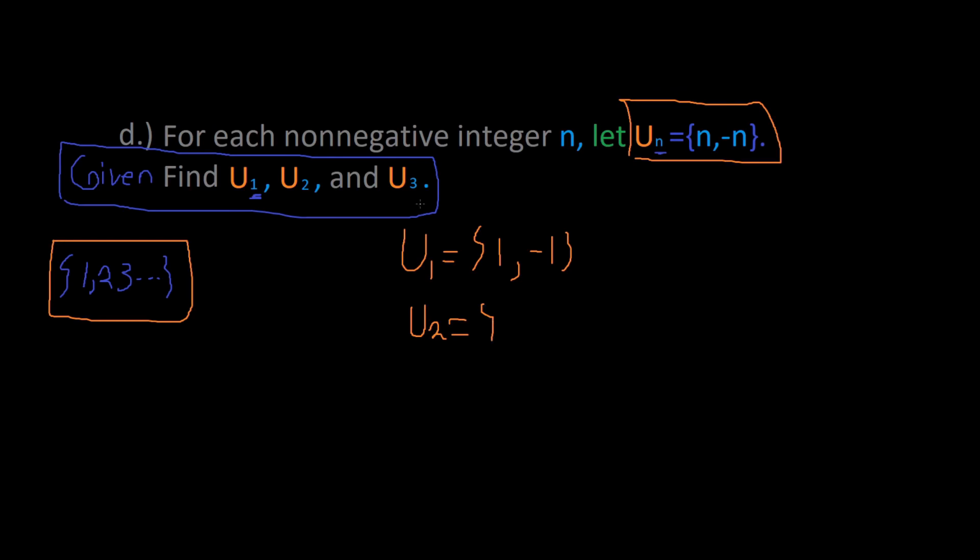And so let's see what this is. That's a set of 2 and negative 2. What's this say? 3? Pretty basic, huh? It looks all complicated at first, and then once you start getting the hang of it, it's pretty simple.